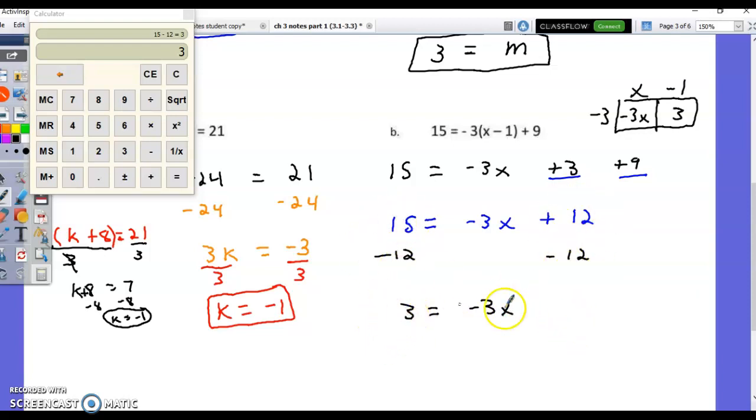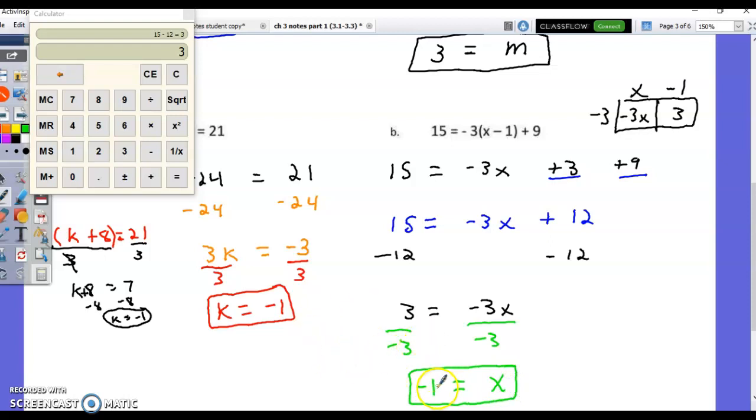Now I have to get this x by itself, and we divide by that number to get it to equal 1, negative 3. I divide this by negative 3. So this divided by itself is 1, so I have my x, which is my unknown. 3 divided by negative 3 is going to be negative 1. So my answer to this one would be negative 1.